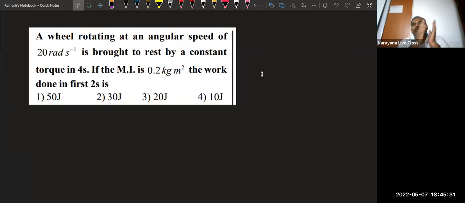A wheel rotating at an angular speed 20 radians per second is brought to rest. Final angular speed 0, initial angular speed is 20. Constant torque in 4 seconds. Moment of inertia is also given, 0.2. Work done in first 2 seconds, how much is asked?